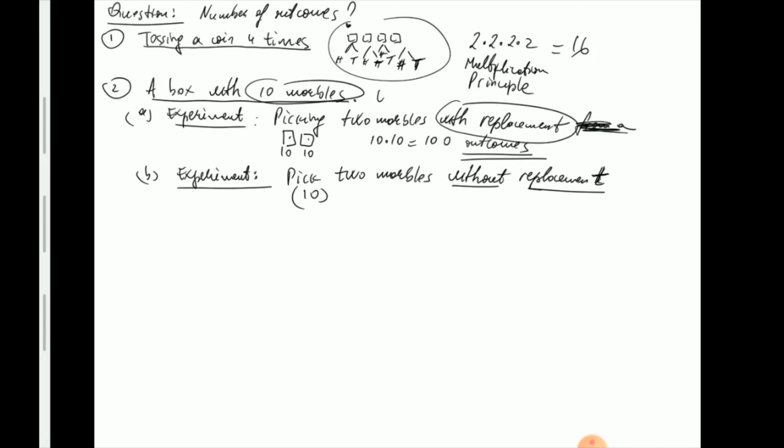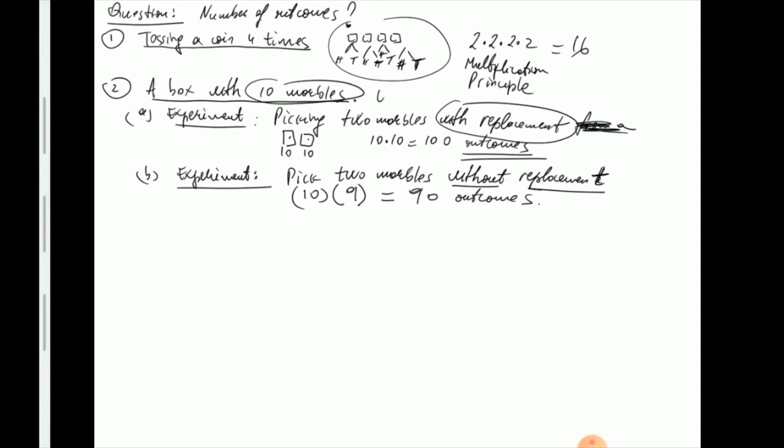So when I make the second selection, I have 9 to choose from. So by the multiplication principle, we have 90 possible outcomes. So it's very important to pay attention to the way the experiment is worded, so that you can find correctly the number of outcomes.